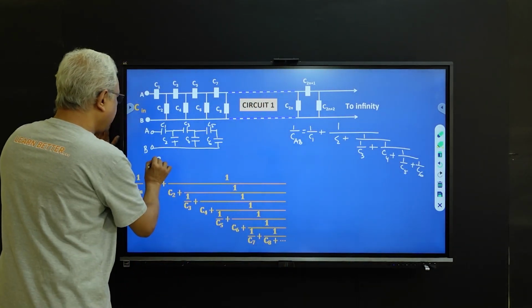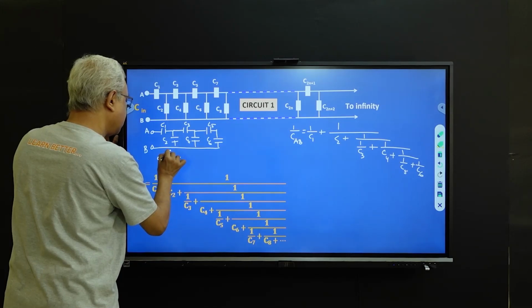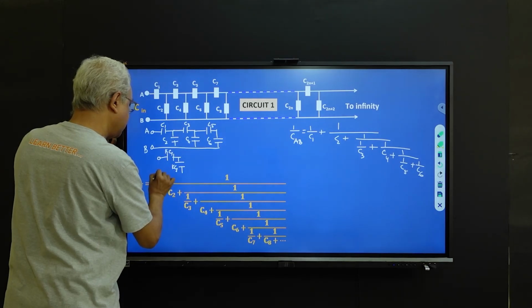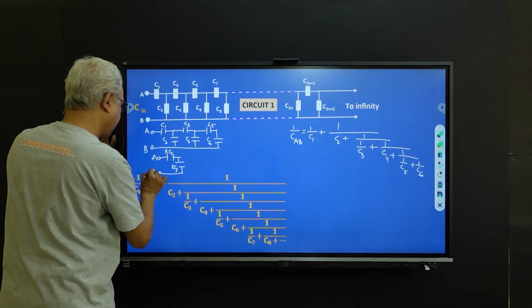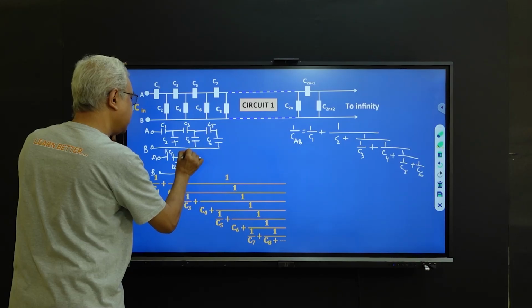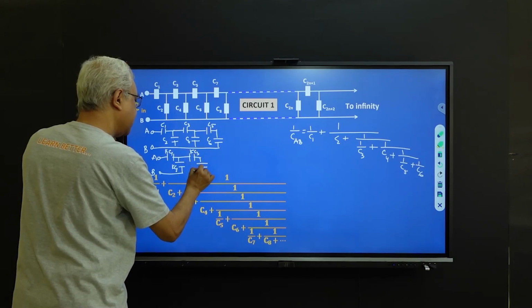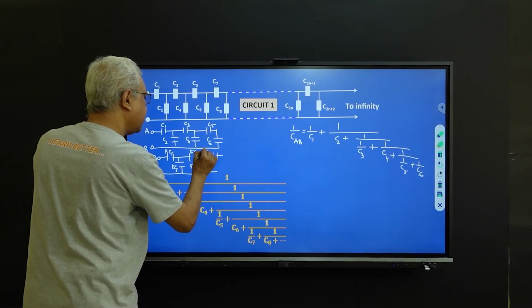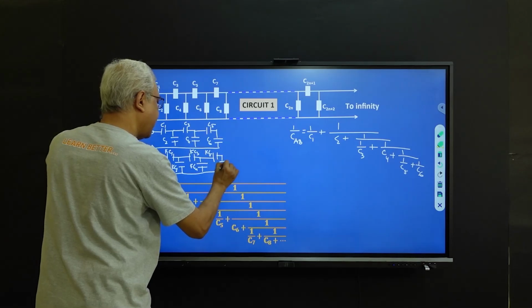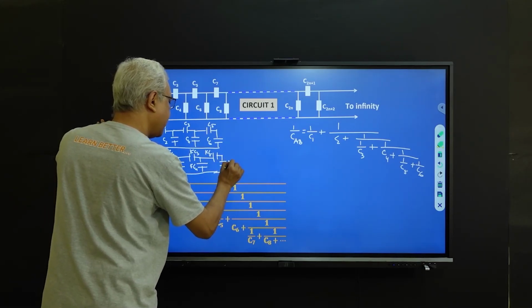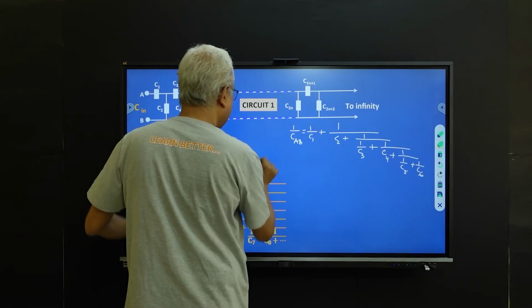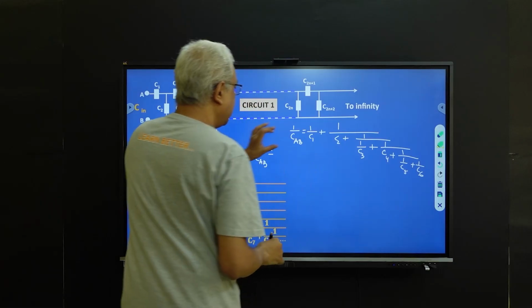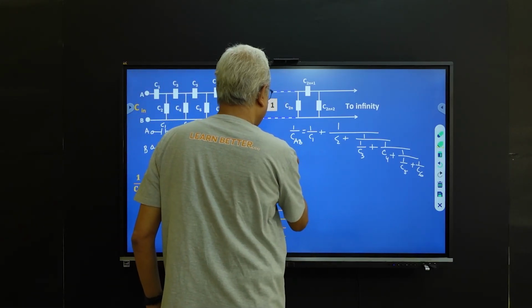Okay, and if I consider another circuit, KC1, KC2, this is B, then KC3, KC4, KC5, KC6, then the equivalent capacitance between these two will be the same as that, only each C will be replaced by KC.